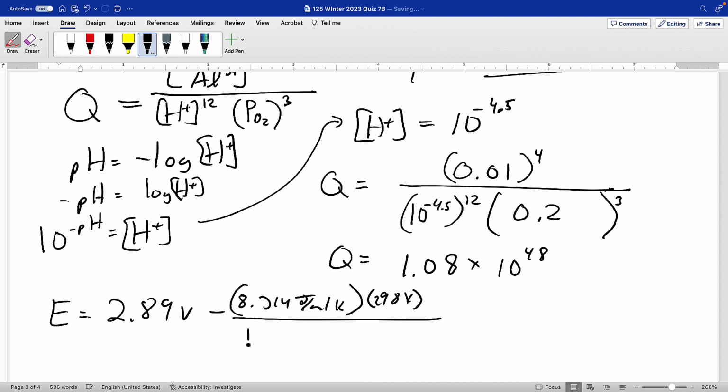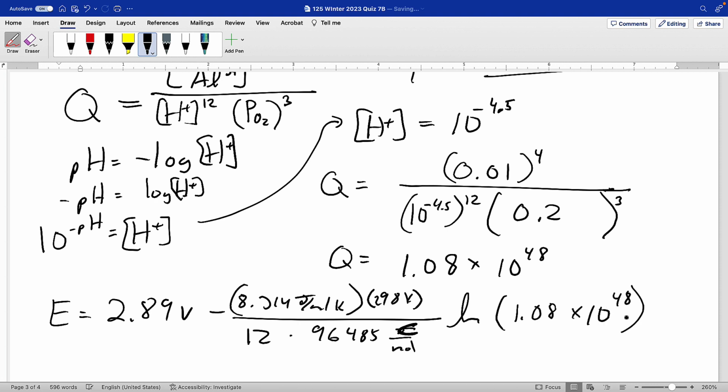And we divide by the number of electrons and Faraday's constant, which is coulombs per mole. And then the log of Q, so 1.08 times 10 to the 48.